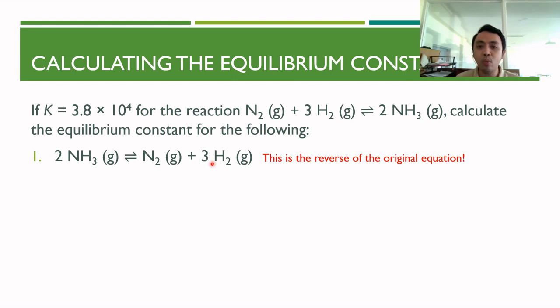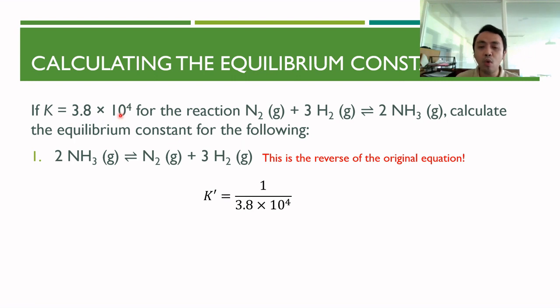From the previous slide, we learned that when we reverse the original equation, the equilibrium constant value will be affected so that the new equilibrium constant value, which we shall call K prime, is now equal to the reciprocal of the original value.